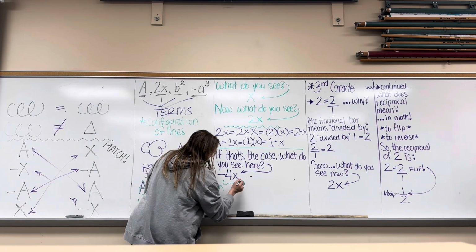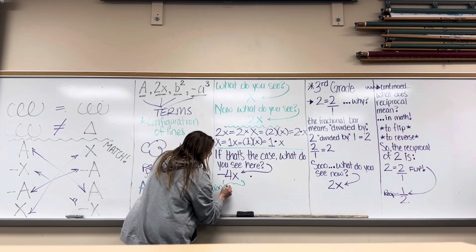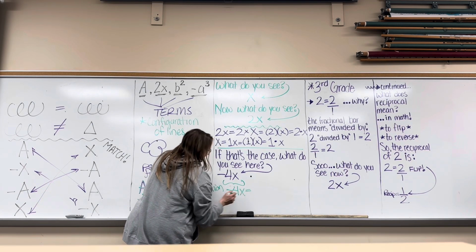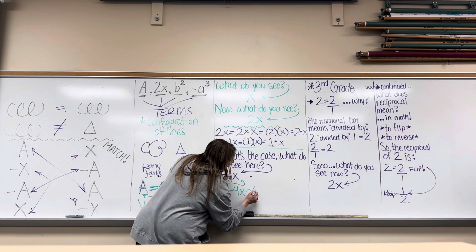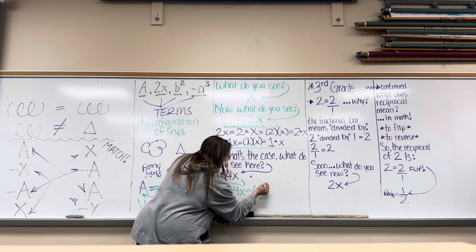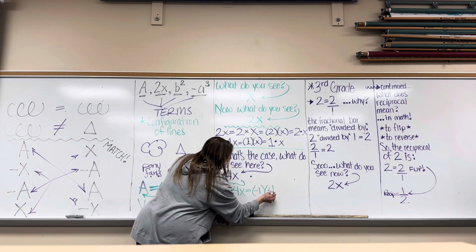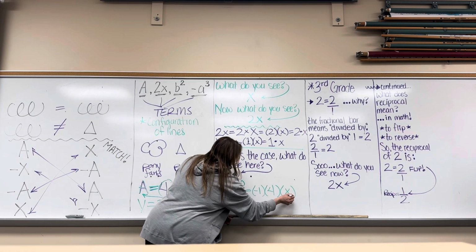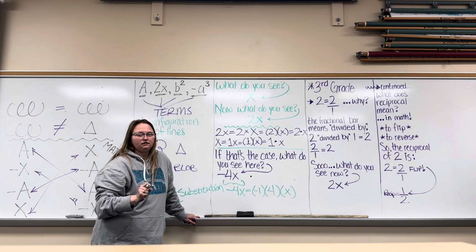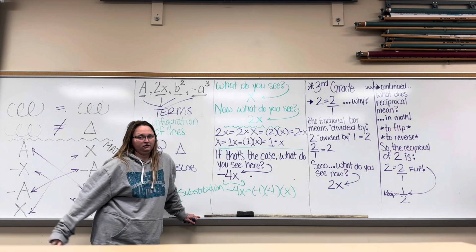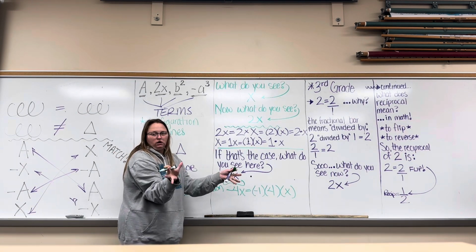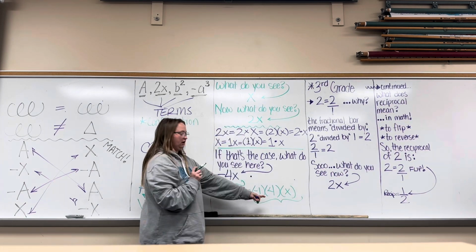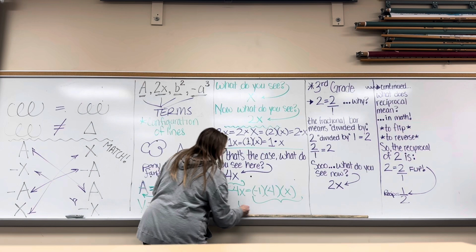This negative 4x equals negative 1 times 4 times x. Okay? There's actually 3 terms in there, all squished into 1. Okay? So all of this again, when you multiply all of that, it's going to equal this.